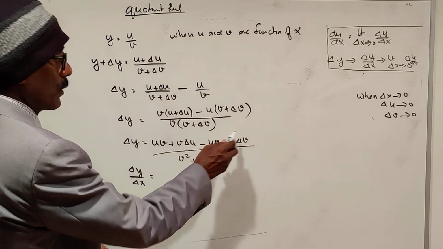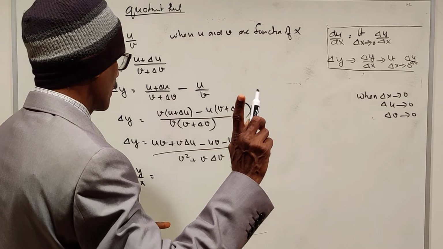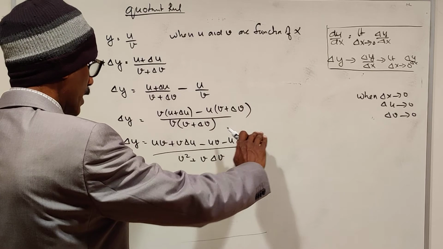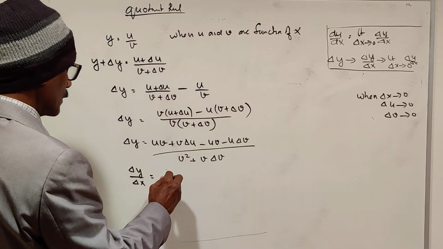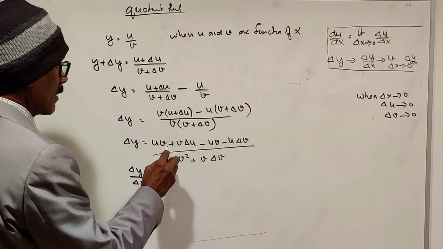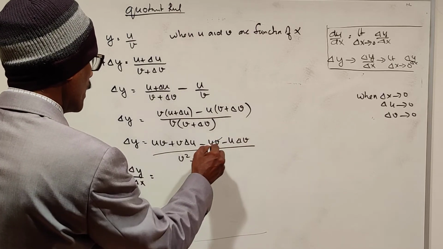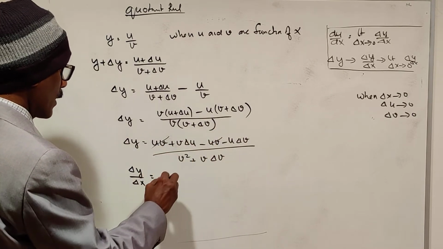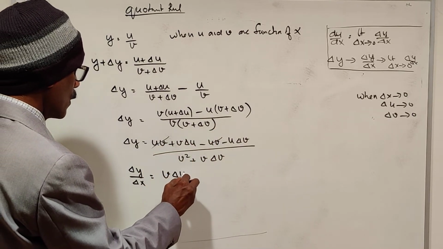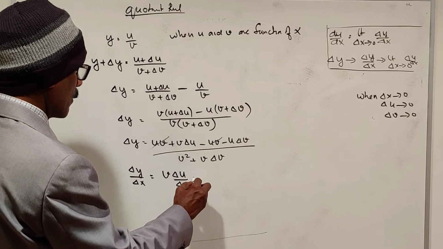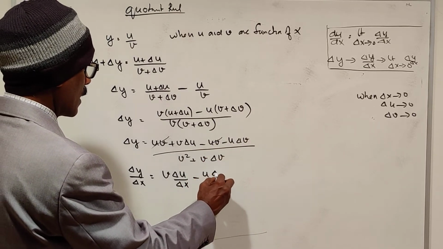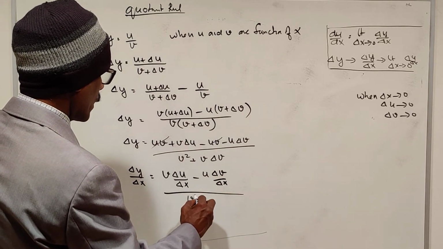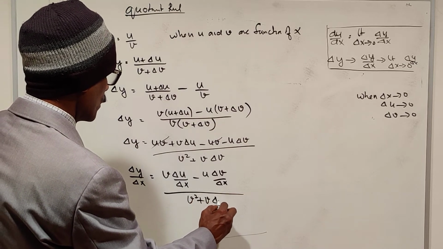Here uv minus uv gets cancelled, so I write v delta u by delta x minus u delta v by delta x divided by v square plus v delta v.